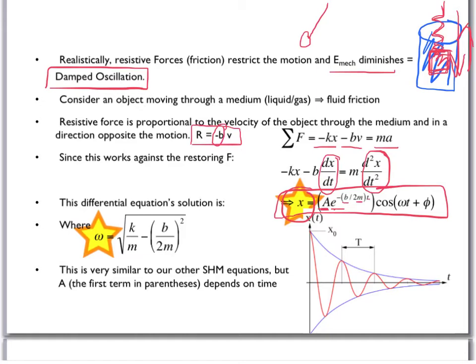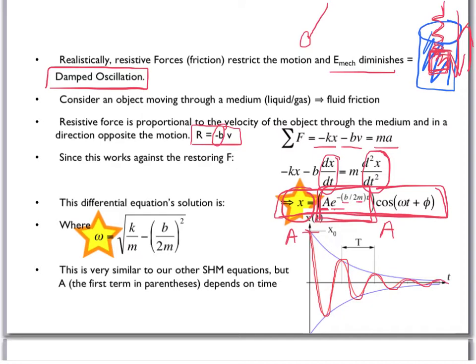Now, what that means is that when we look at our equation for the position of the oscillator, this portion of the equation out in front is actually dependent on time, which means that the amplitude of the motion is dependent on time. And that's why we see this graph down here, where you start out at some maximum amplitude, but as time goes on, that amplitude becomes smaller and smaller.